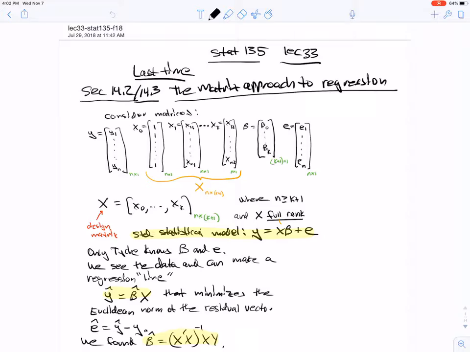And X is an n by k plus 1 design matrix, where n is greater than or equal to k plus 1, and X has full rank.